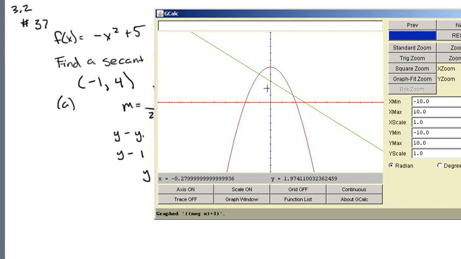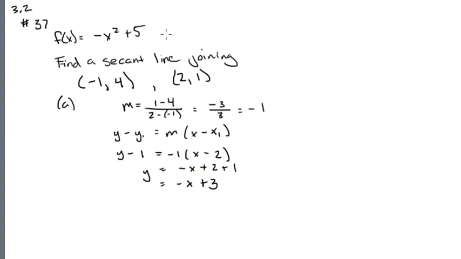And that is guaranteed by the mean value theorem, provided that on the interval I am considering, my function is both continuous and differentiable. F prime at x equals negative 2x plus 0, right? That's the derivative of my function here.